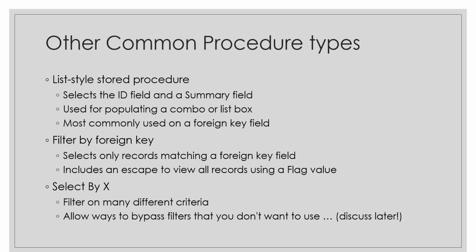And I'll just quickly mention select by X. The idea here is we might have many different criteria, right? There are always ways to bypass filters we don't want to use, right? And it's the same approach that we talked about, having some sort of a flag value, or some way, what if it's a range of dates? You have a between this date and that date. We'll get into this in more detail later, but I can't help but talk about it now because it's something that is kind of fun to think about.